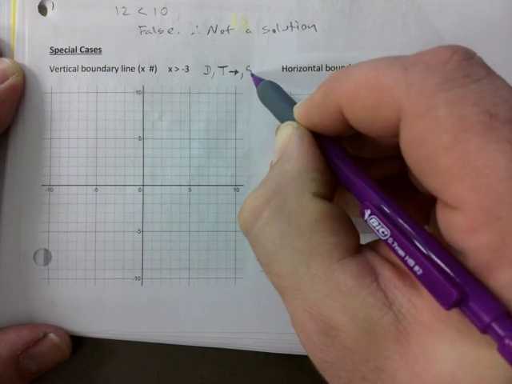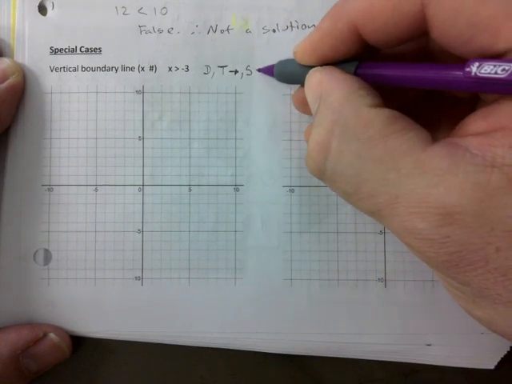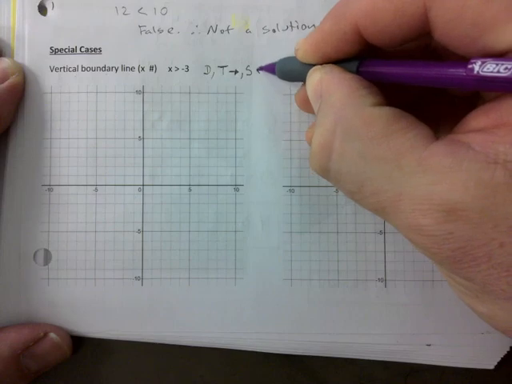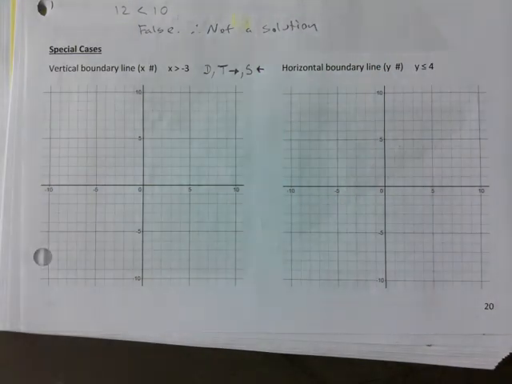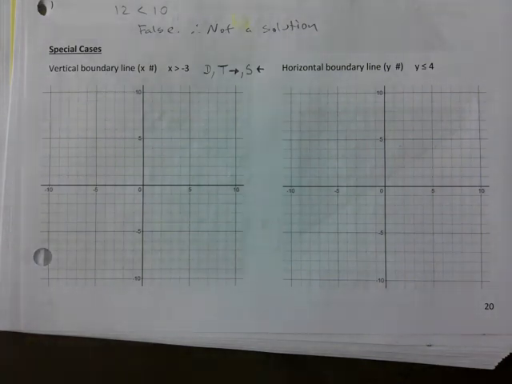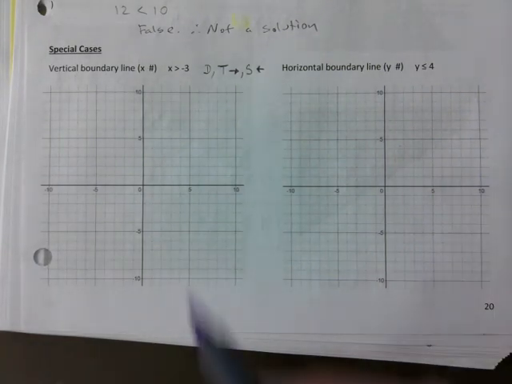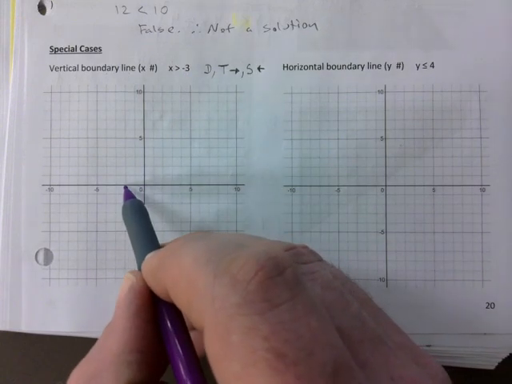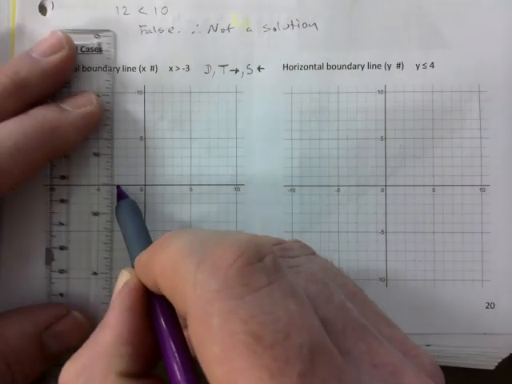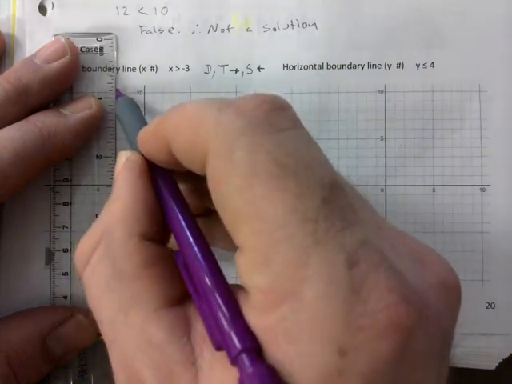And I'm going to shade the opposite. So true is right, but I'm going to shade the opposite. And this is going through -3. So I'm going to go 1, 2, 3 right here. It's a dashed line.